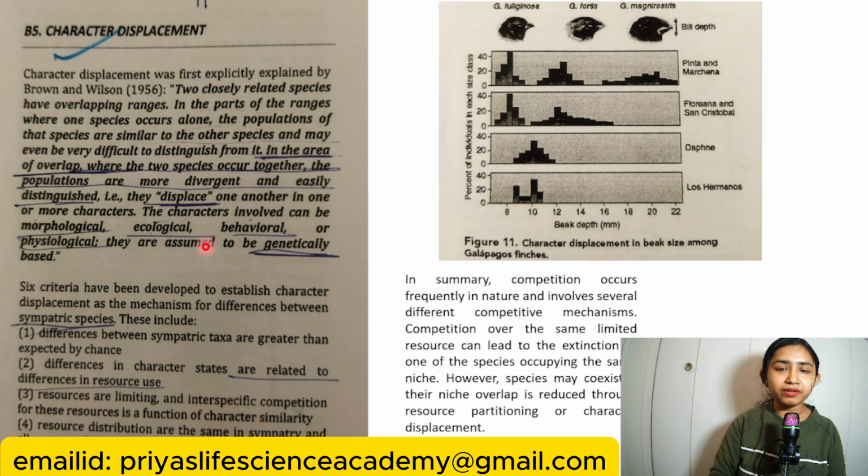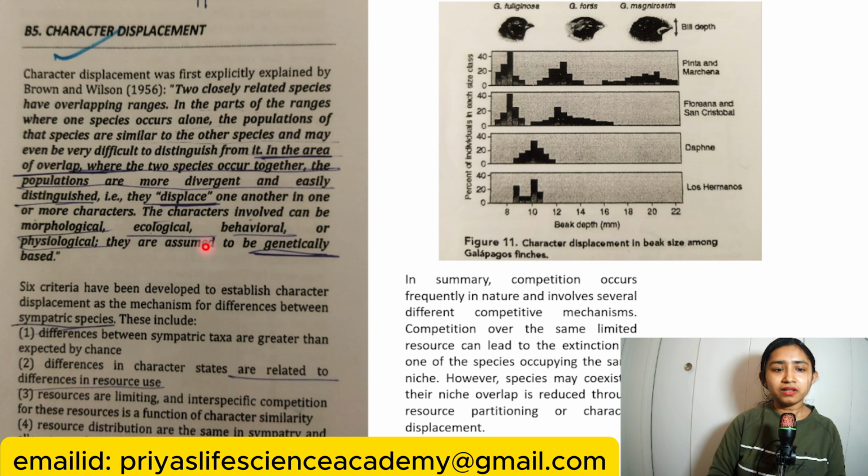And there is a very important point. When I teach you evolution, I'll teach you about allopatric species and sympatric species, but for this time I'll tell you that when the species are together in the same land, they are much more different from each other.